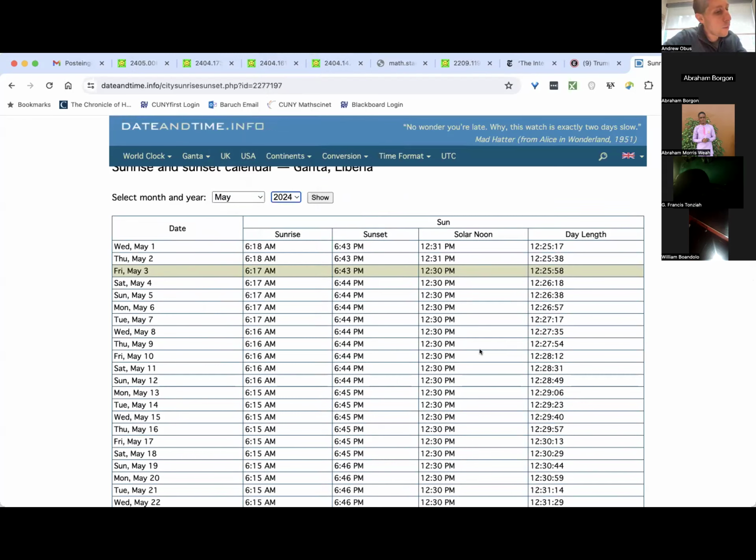So if we want to determine A and B, we need to know the max and min number of daylight hours. The maximum number of daylight hours is something we can look up. I think it's usually in June, right?